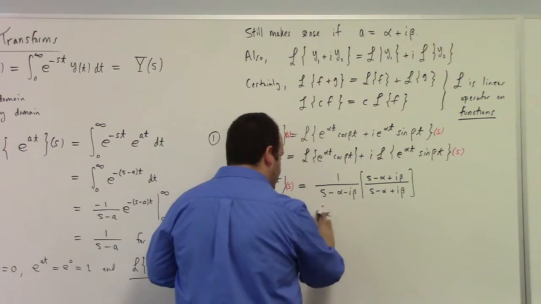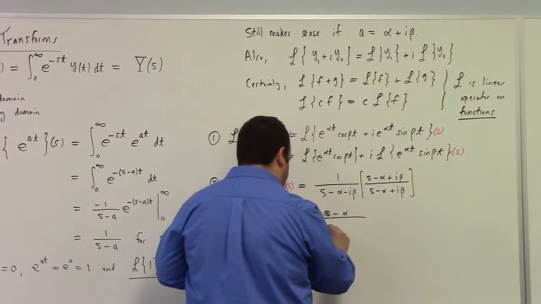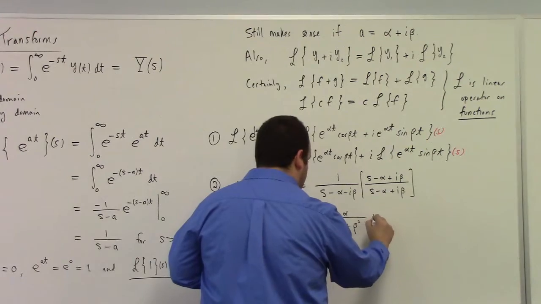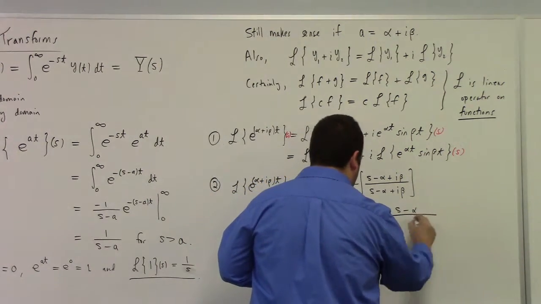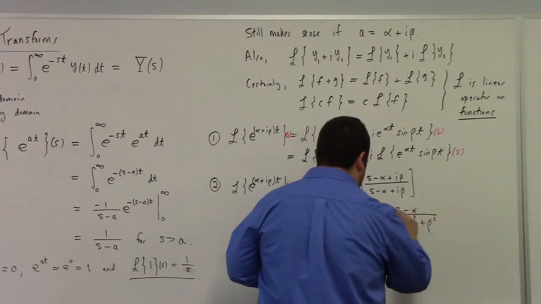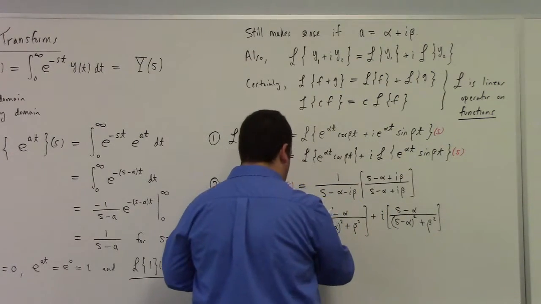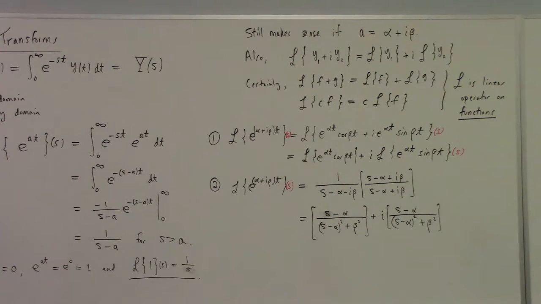That is going to give me s minus alpha over s minus alpha squared plus beta squared plus I times s minus alpha over s minus alpha squared plus beta squared. All right? So there you have it, the real part and the imaginary part.